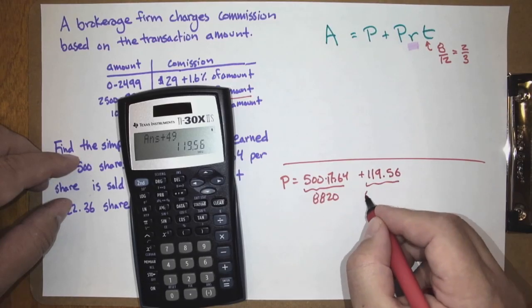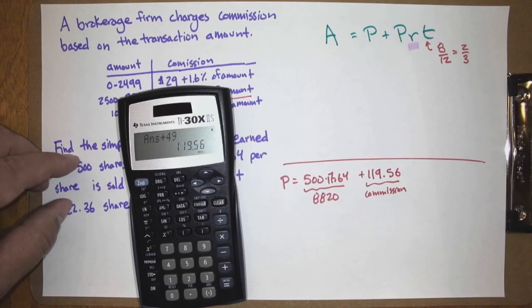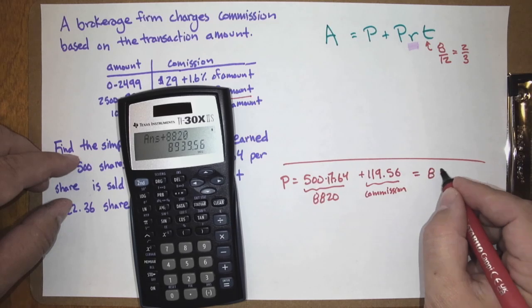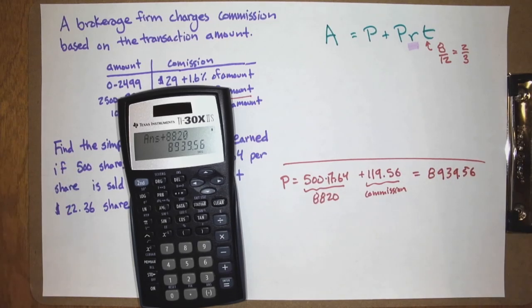This is from the commission. So our actual investment, when we add the two together, is $8,939.56. So that's the present. That's how much we're putting in.